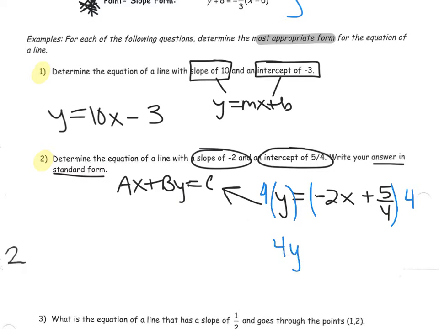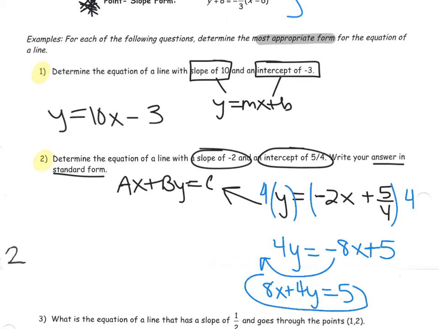So I have 4y equals -8x plus 5. We're going to bring over that 8x, so I have 8x plus 4y equals 5. And we're done. There is my standard form. All I did was add the 8x to both sides. Hopefully that was simple.